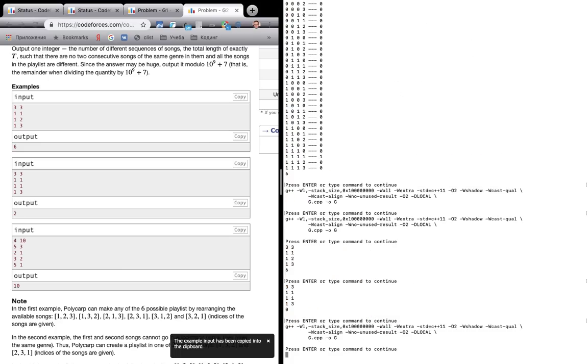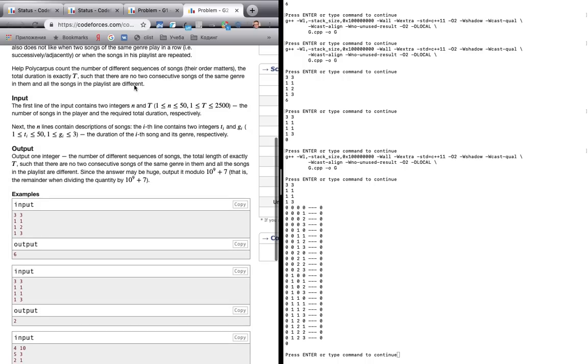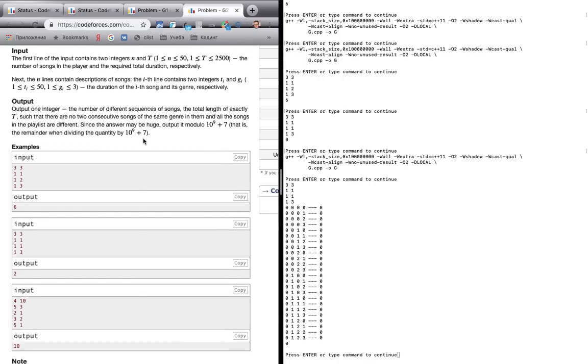Let's take one more look. All zeros. That's interesting. In the input it says that all the songs are out. No. So we have one song from genre 3 and two songs from genre 1.